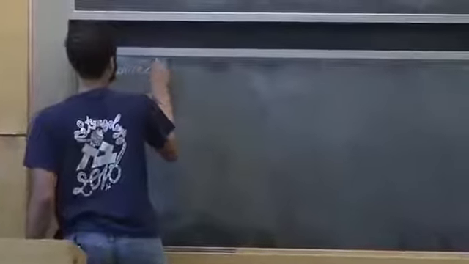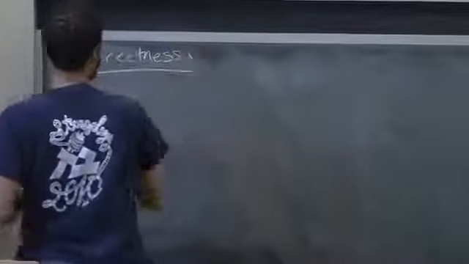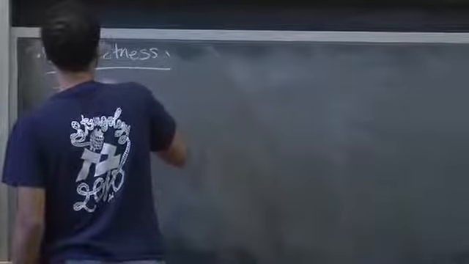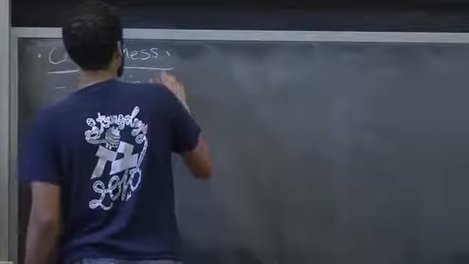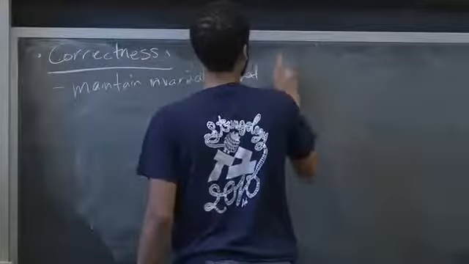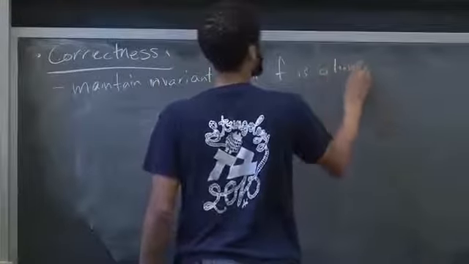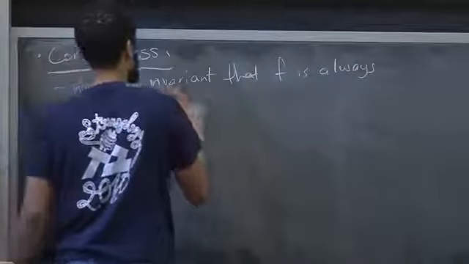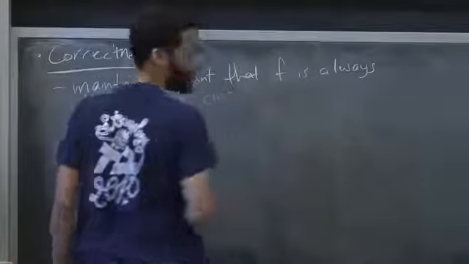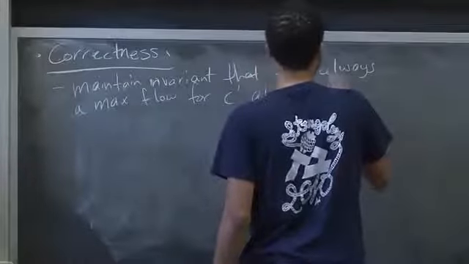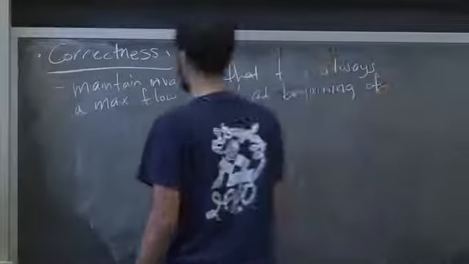So how about correctness? We maintain the invariant that F is always a max flow for the C prime capacities at the beginning of the loop.